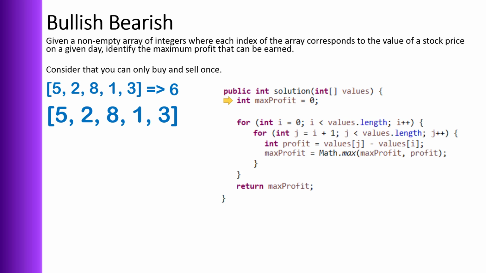So we start by declaring the max profit, which is 0, and then declare our slow cursor, and then our fast cursor, which would start at the index right after the first cursor, the slow cursor. And then we declare the variable profit, which would have the value of -3 in this case, and then compare it with the max profit.